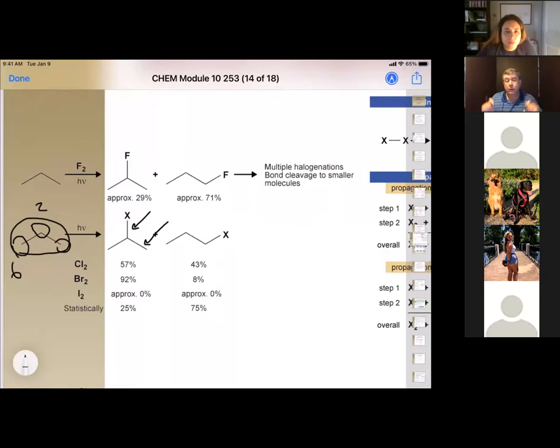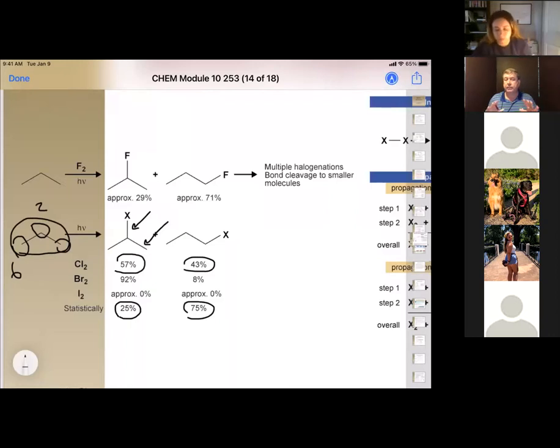When we do the reaction with chlorine, we don't see that. We see 57% at the least likely side and 43% at the more likely side. What is that telling us? It's waiting for the secondary radical.